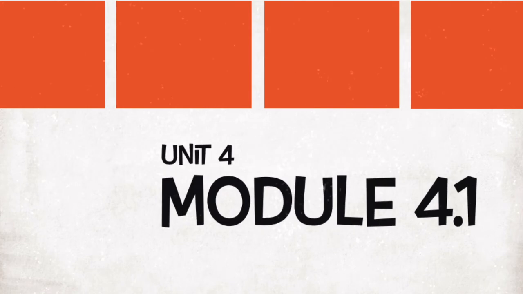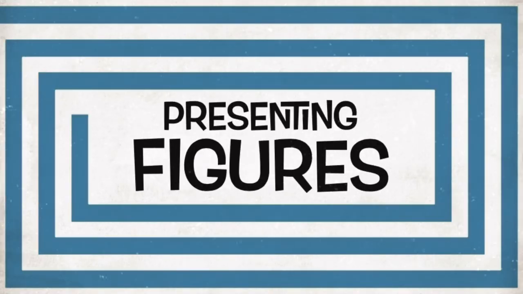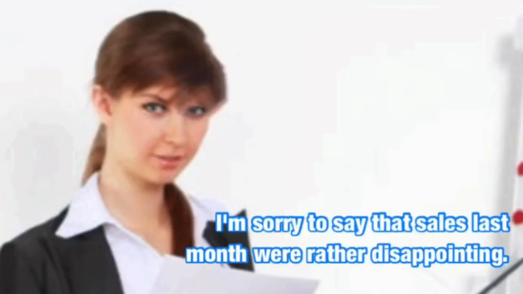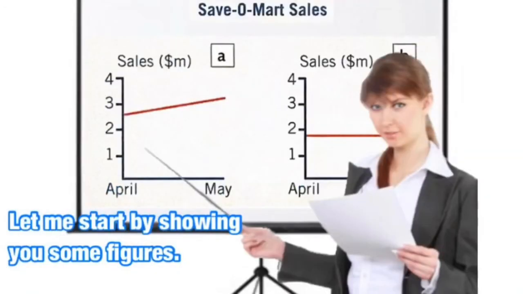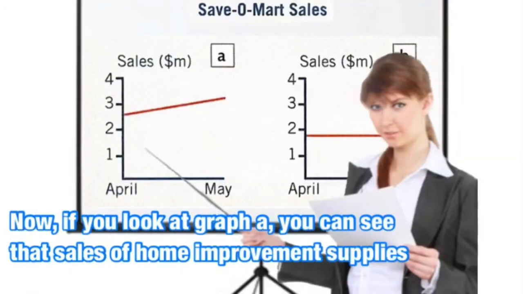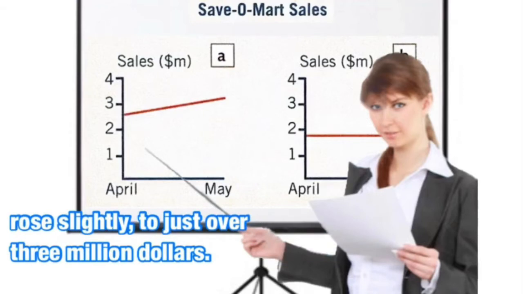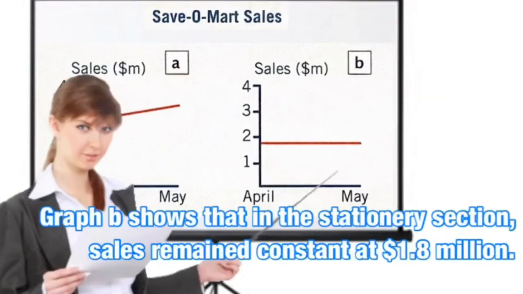Module 4.1. I'm sorry to say that sales last month were rather disappointing. Let me start by showing you some figures. Now, if you look at Graph A, you can see that sales of home improvement supplies rose slightly to just over $3 million. Graph B shows that in the stationery section, sales remained constant at $1.8 million.